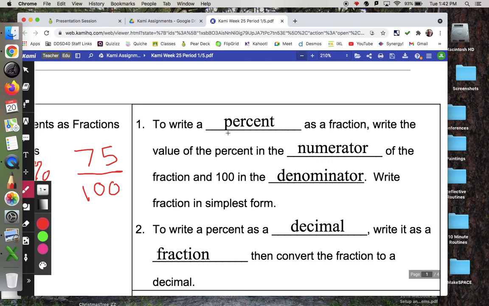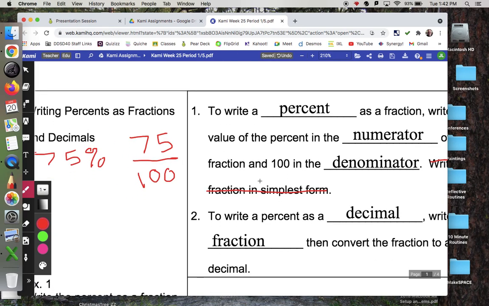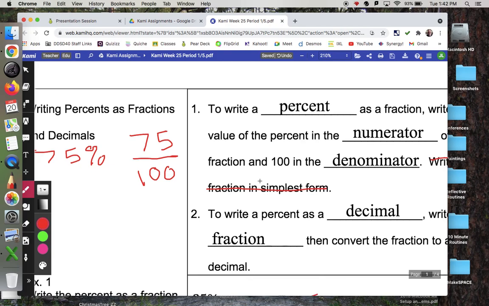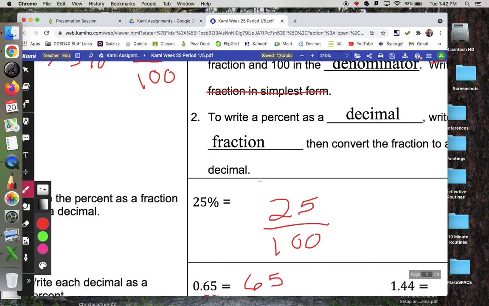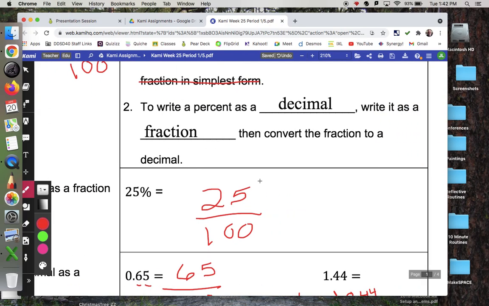We really are putting a pause on simplest form. We can work on that later, but right now we're not really doing that in this particular lesson. It's important, but sometimes we can just come back to things. So for example, 75% is 75 over 100, and we can simplify that later. 25% is 25 over 100.